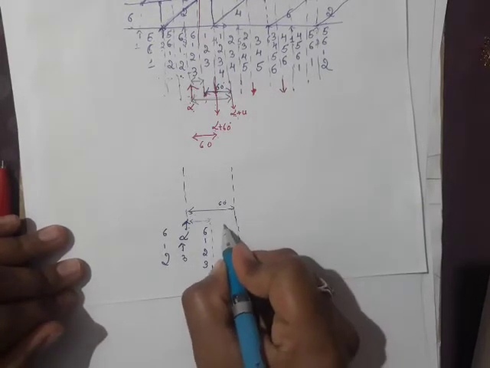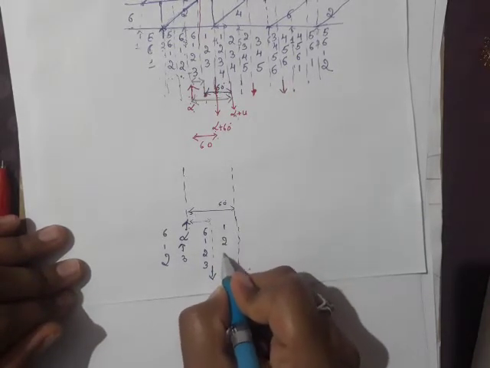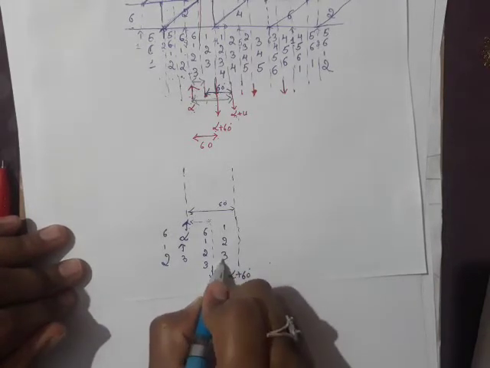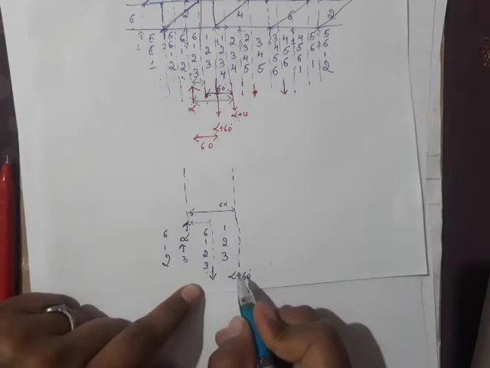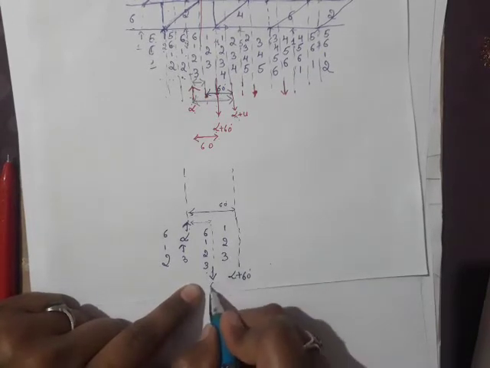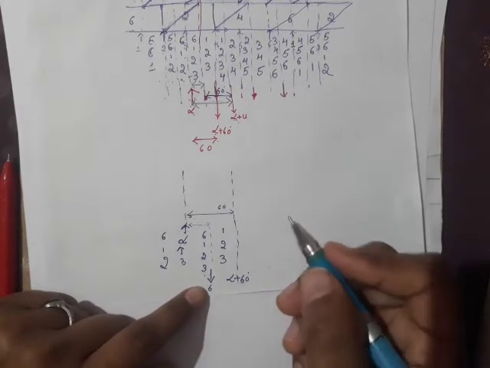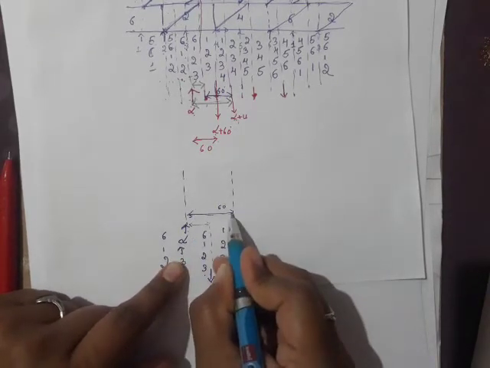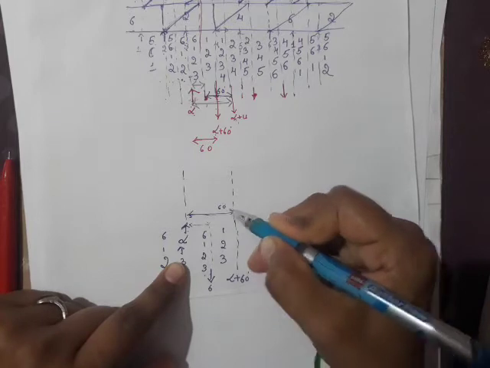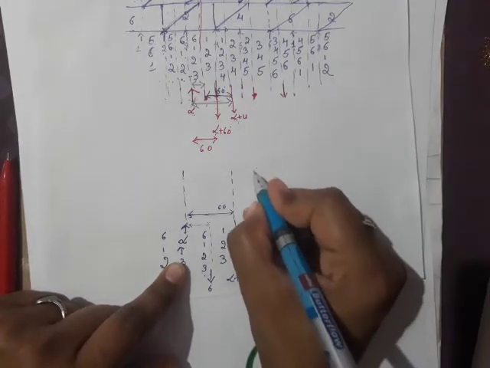When valve number 6 goes out of conduction, the valves conducting are 1, 2, 3. But when valve number 3 comes into conduction, valve 1 should go out of conduction. It is not going to happen. Rather, valve 1 goes out of conduction after 60 degree. Here I have triggered, so this is the 60 degree duration. Valve number 1 will take some more time to go out of conduction.